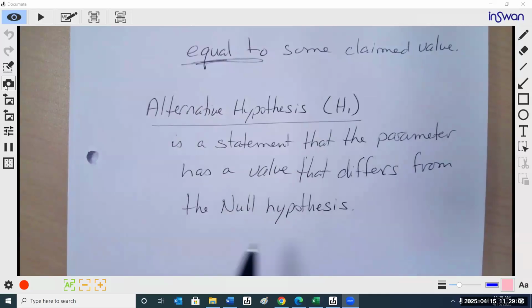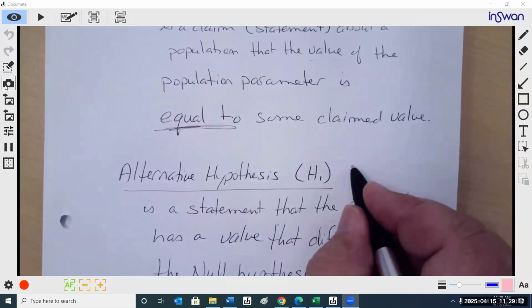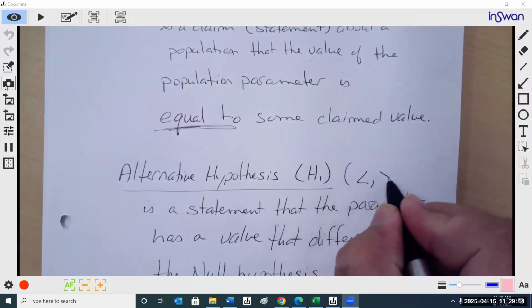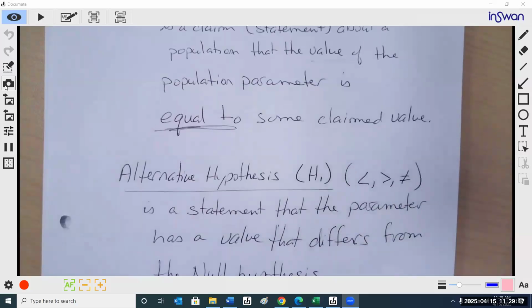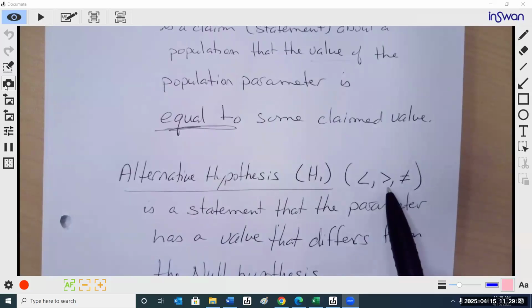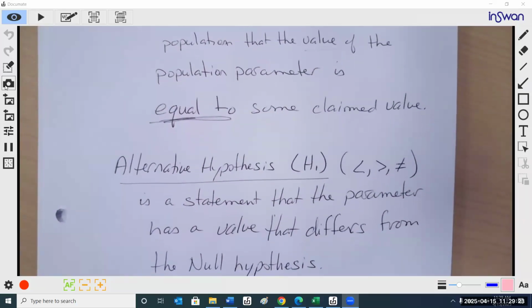Remember, when you make a statement of the null hypothesis, it can only have these symbols. Null hypothesis can only have those symbols.